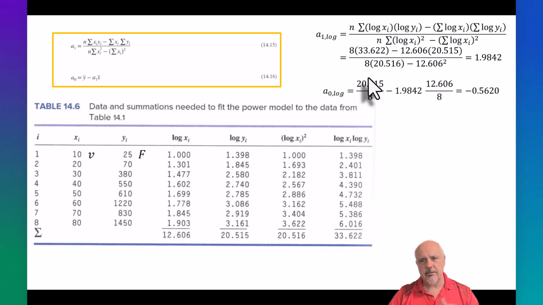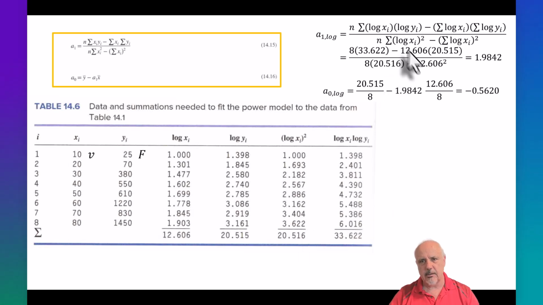Then I divide by the denominator, so that's going to be 8 for n, times the summation of log of xi squared. So I've got log of xi squared, and then the summation of that.